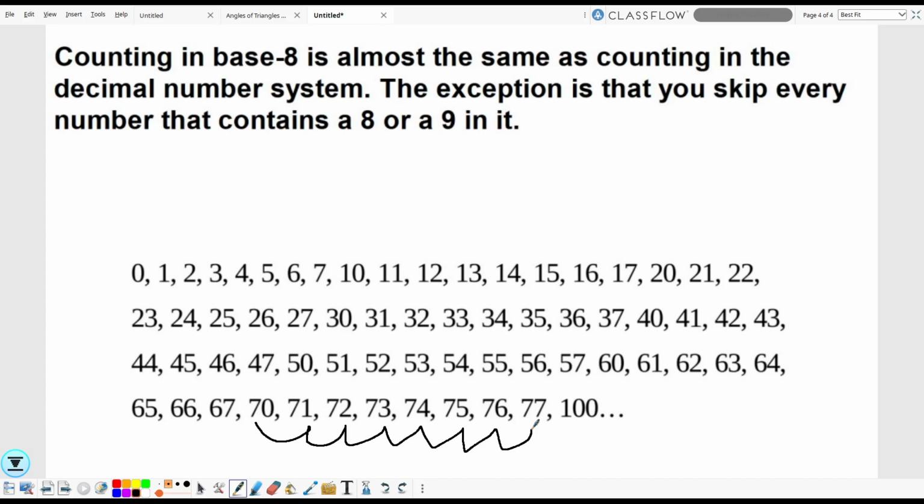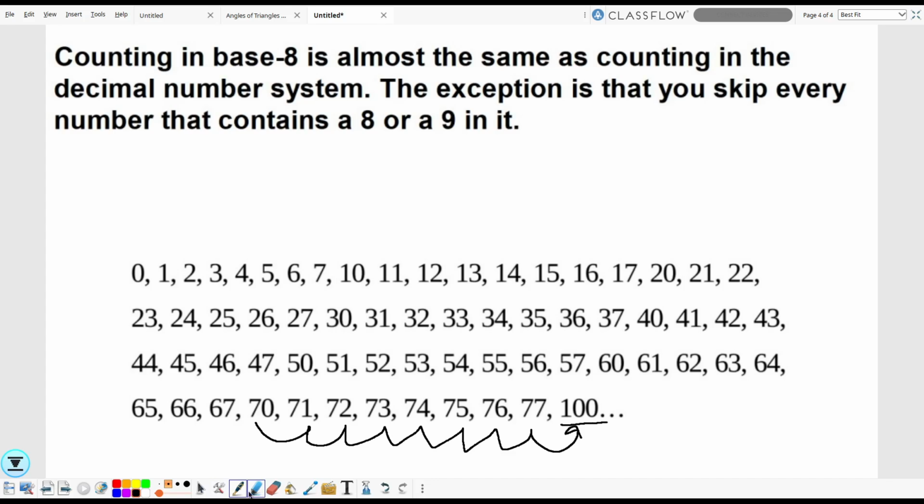We don't go to 80 because, again, 8 doesn't exist in octal. We would jump right to 100. We would skip anything with an 8 or a 9 in it because 7 is the largest single digit in the system. It's a little weird, but once you get the hang of it, it's really not so bad.